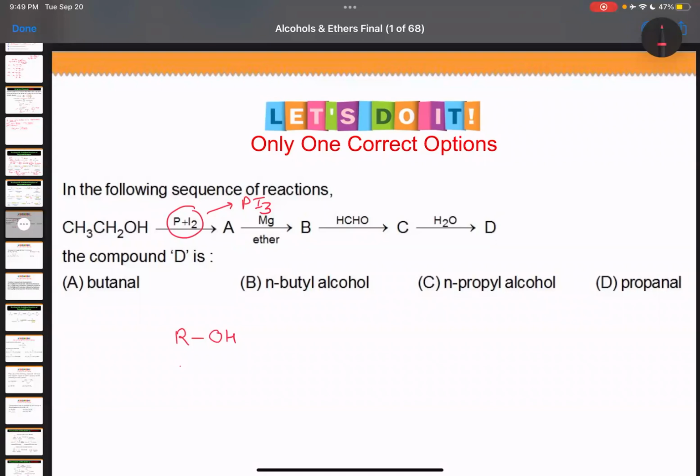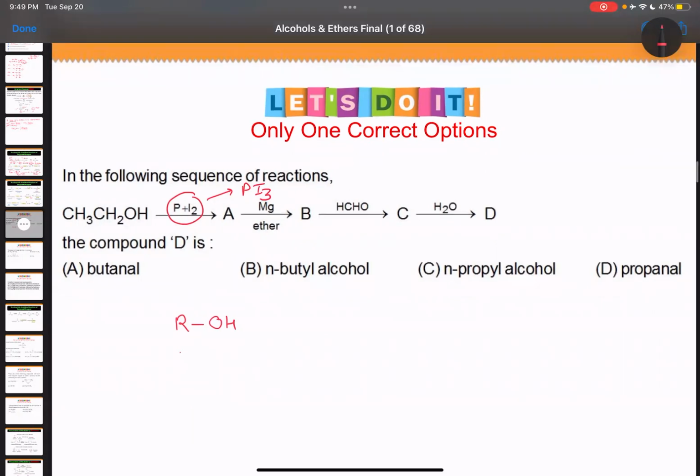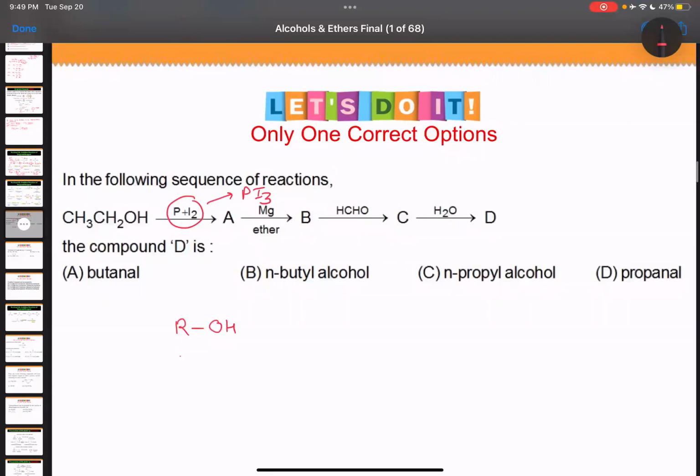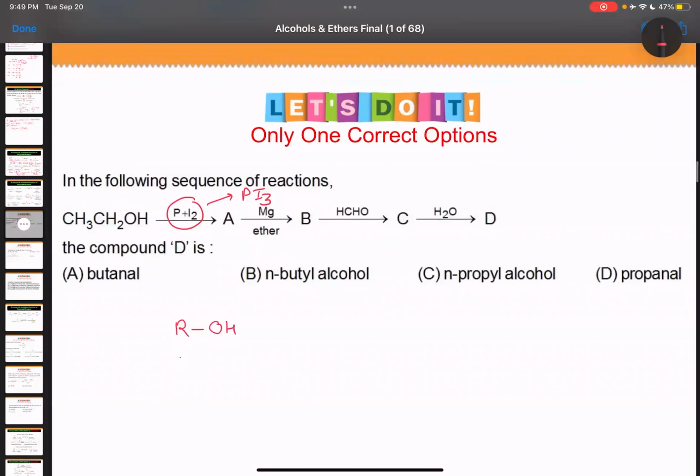Where we are going to get A, a Grignard reagent? What is A? CH3CH2I. Yes, it is an iodide. Then you are going to get a Grignard.